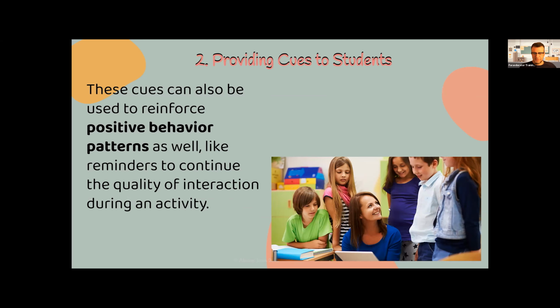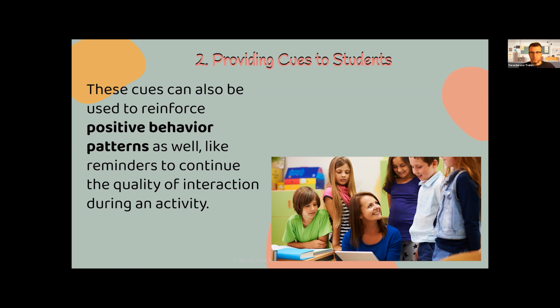This is what you want. All these adoring students around the smiling teacher, paraeducator. These cues can also be used to reinforce positive behavior patterns as well, like reminders to continue the quality of interaction during an activity. What might this paraeducator, this teacher, be saying to the students? Probably some words of encouragement.